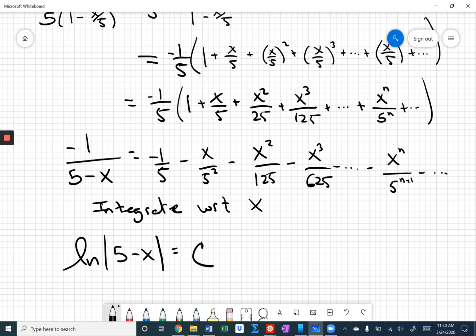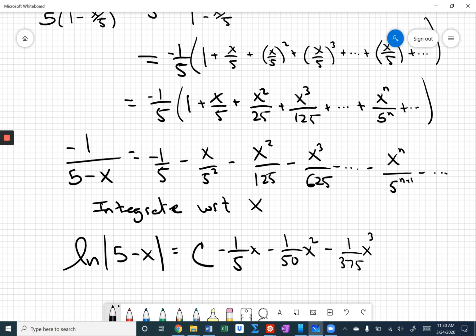And then we're going to get minus 1/5 x. Minus, so that's 25, so 1/50th x squared, minus, so I'm going to get an x cubed, I'm going to multiply it by 3, so 1 over 375 x to the third power.